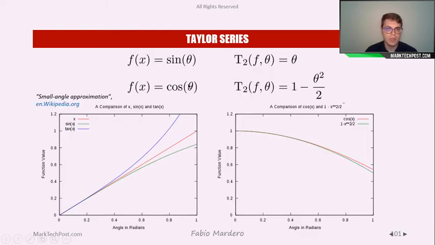And these small angular approximations can be seen in these graphs. Here we didn't talk about the tangent, so let's not look at the blue line on the left plot.